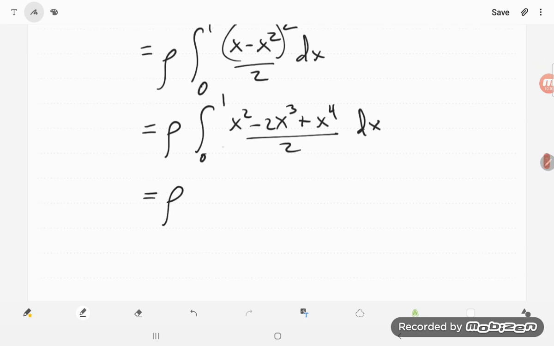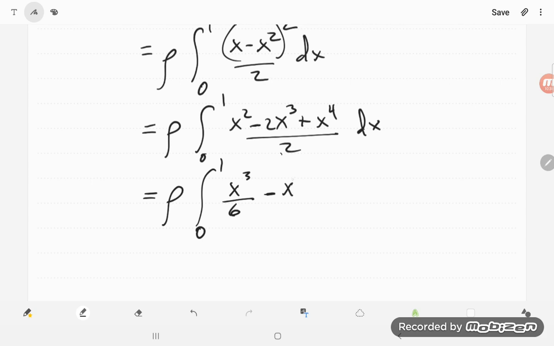So this is rho, integral from 0 to 1, and we have x cubed over 3, but there's a 2, so I'm going to do x cubed over 6. And then here I've got a minus 2 over a 2, so I really am starting with x cubed.